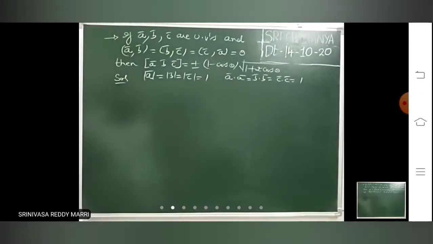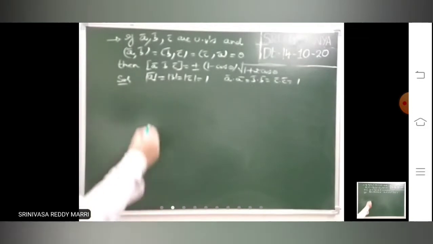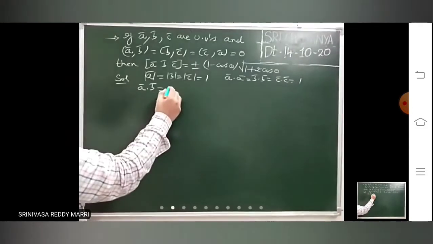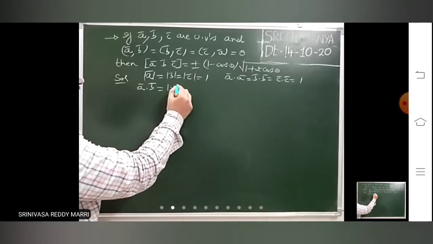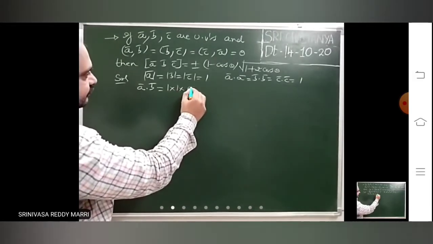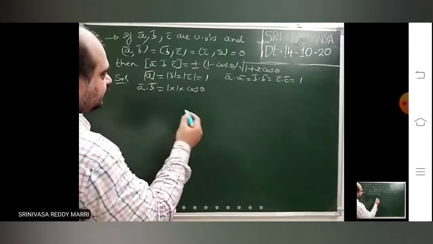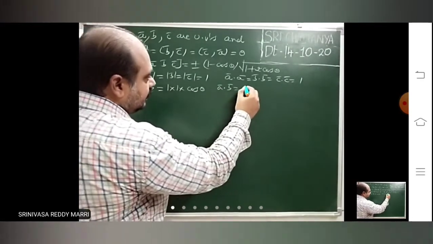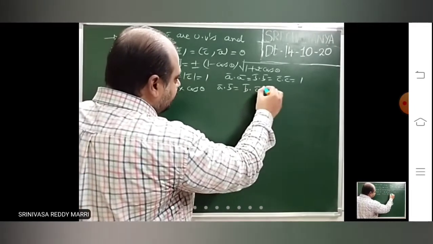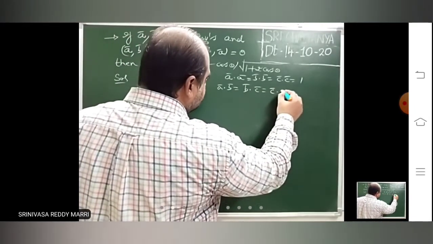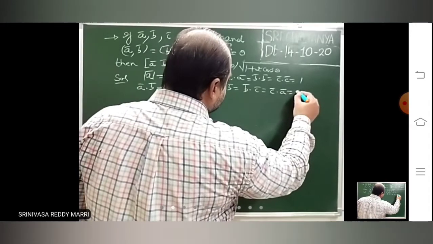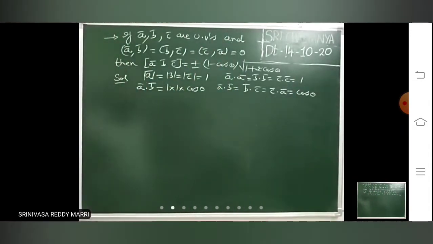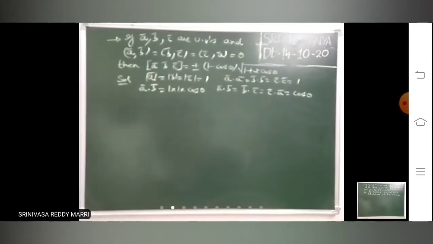Now A dot B is 1 into modulus A bar into modulus B bar into cos theta. That means A bar dot B bar equals B bar dot C bar equals C bar dot A bar, which is nothing but cos theta.